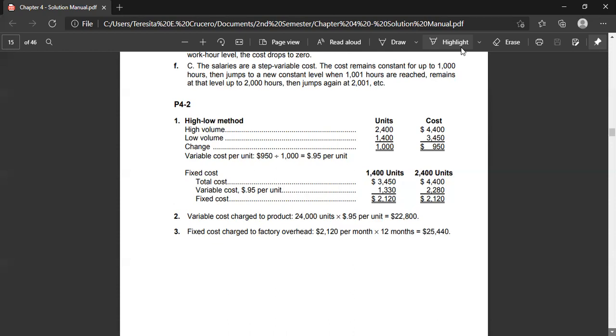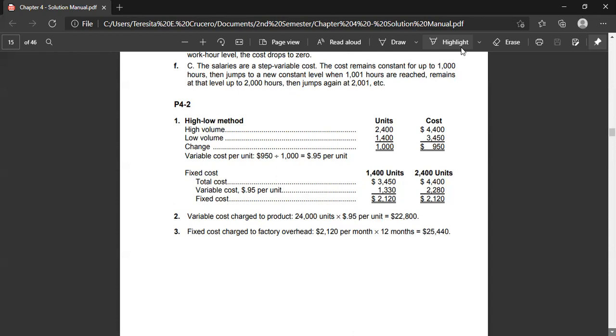Now getting the differences, we have the fixed cost component of the semi-variable cost equal to 2,120 in both capacity levels because again, we define the fixed cost as fixed in total regardless of the capacity level unless you are working beyond the relevant range.